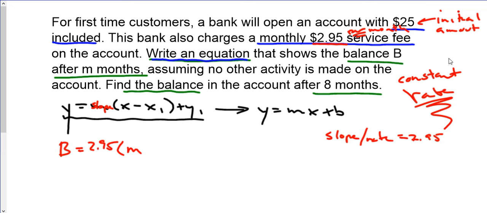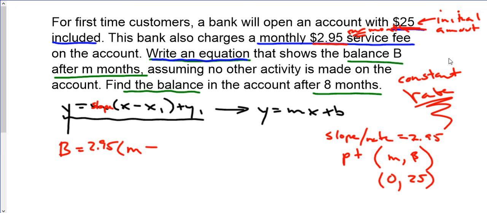Now we have to figure out our point. We need a month and a balance. Right here is our initial amount. So after 0 months, we'll have a balance of $25 in our account. That's our point.